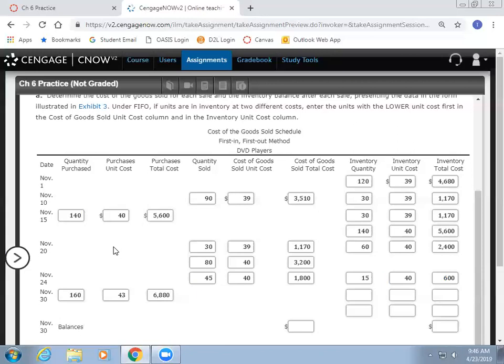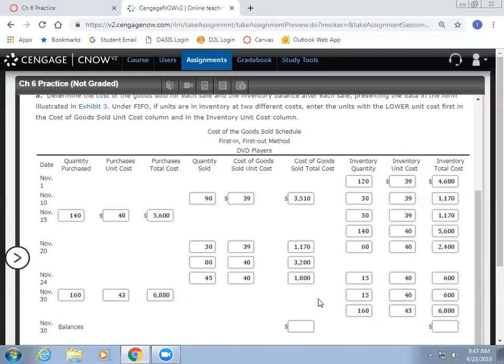So after we make that purchase, we just need to update our inventory again. So we carry down the 15 at $40. And then we pop in that new 160 at 43. Okay.